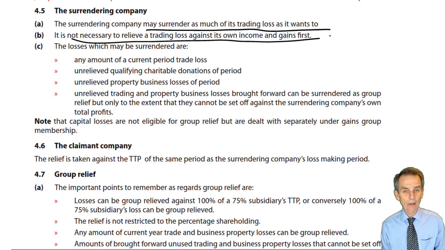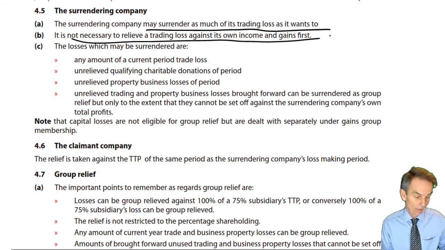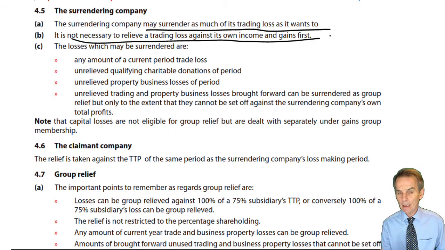And if you've done that, you can carry back. And if you've done that and there's still loss left over, it can be carried forward. But instead, if you so wish, any or all of that trading loss is available to be group relieved.